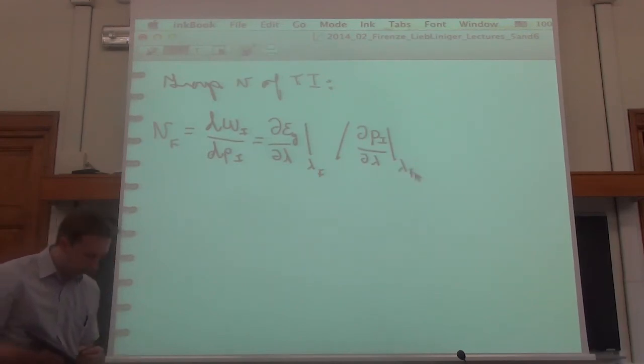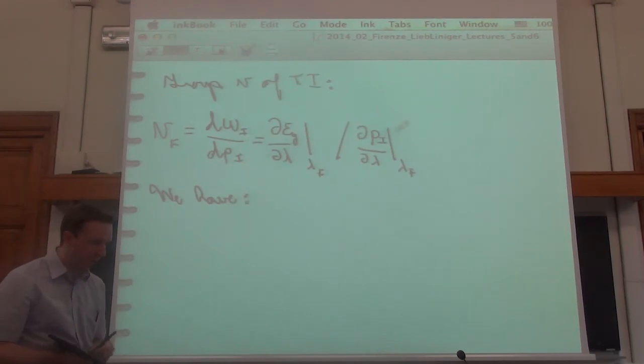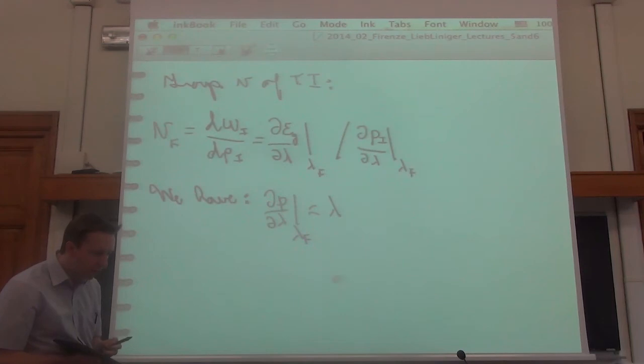Essentially, from the equation for the momentum, let's just calculate the denominator here. So dp d lambda at lambda f, straight from the equation that we had on the previous page, is just 1 plus 2 pi times the integral from minus lambda f to lambda f d lambda.